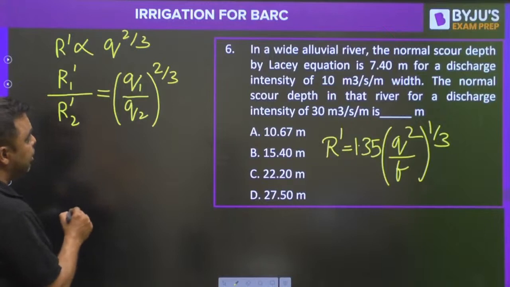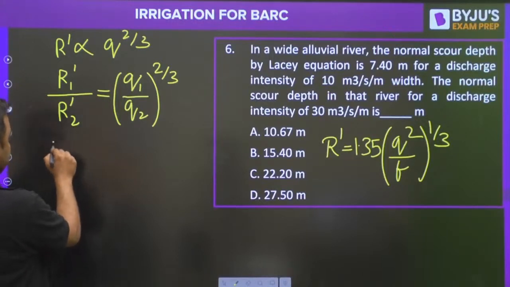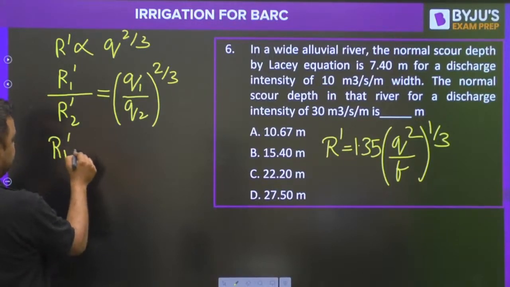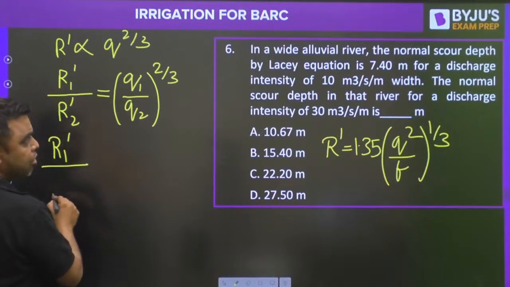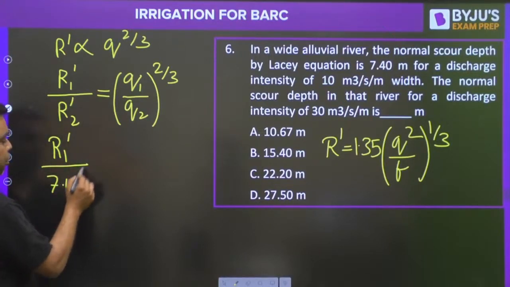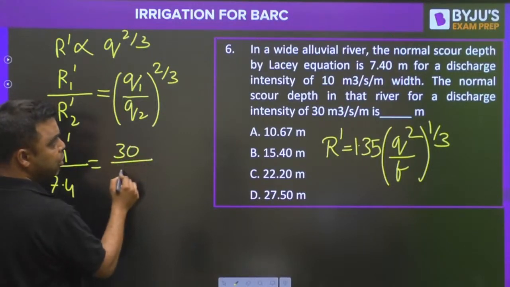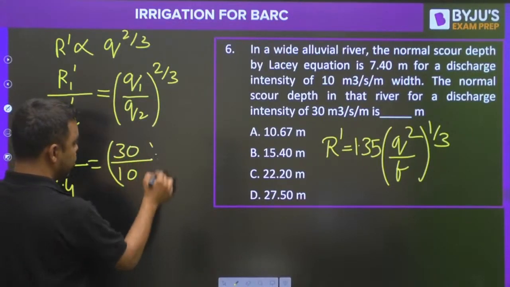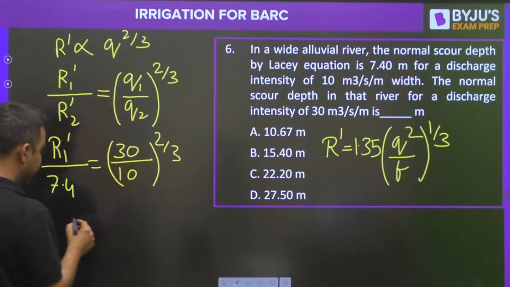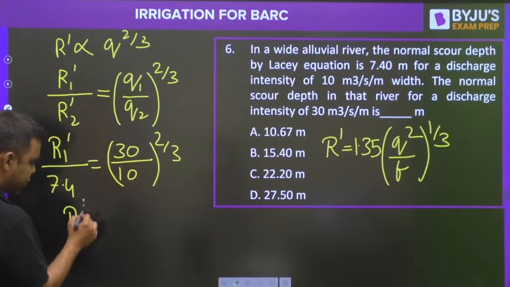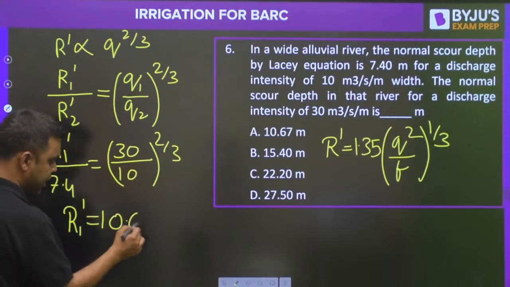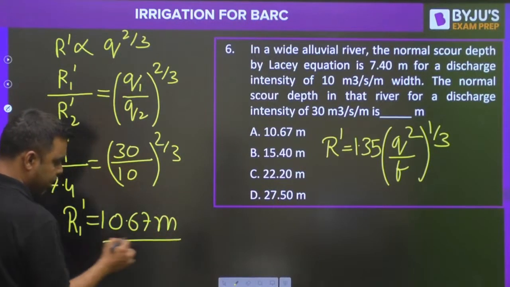Now, let us say R1 is the value we need to determine, and R2 is the value, that is 7.4. Now similarly Q1 will be 30, and Q2 will be 10, to the power of 2 by 3. So if we solve this, R1 dash will be equal to 10.67 meter, isn't it?